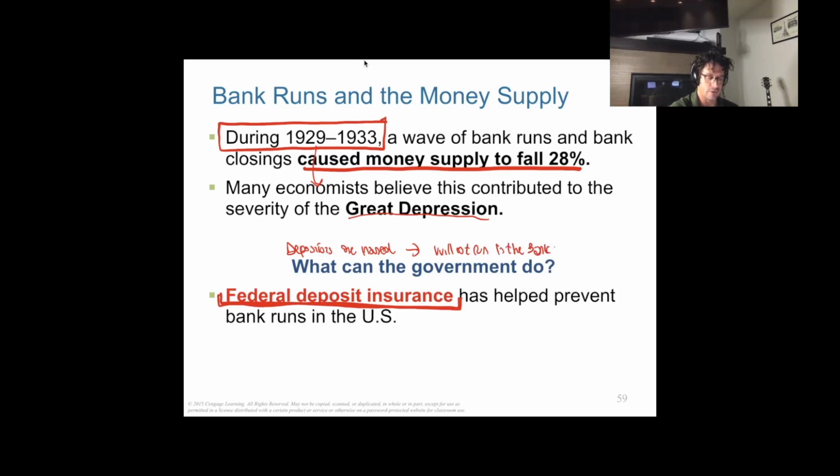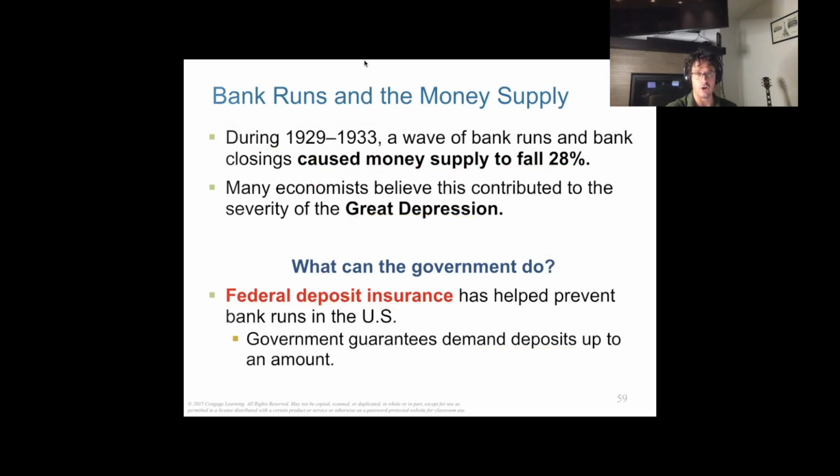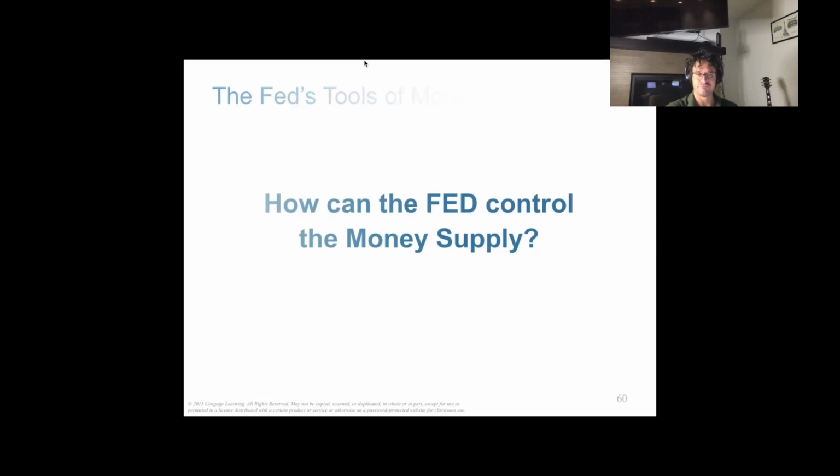And if they do not run to the banks, then the banks will reduce their reserve ratio, and by doing so, they can increase the money supply. So by guaranteeing that the demand deposits will be repaid in full, the government avoids the effects of bank runs on the credit system.